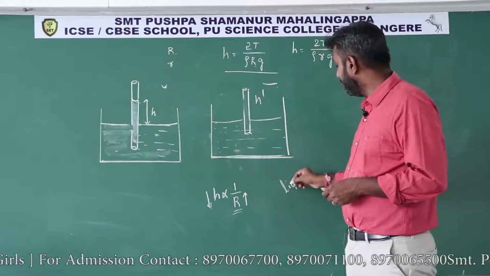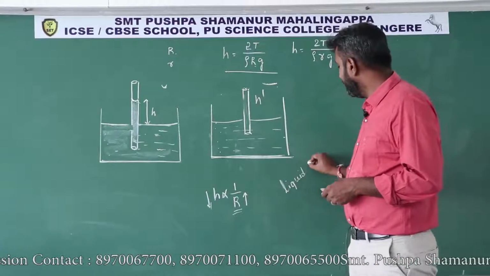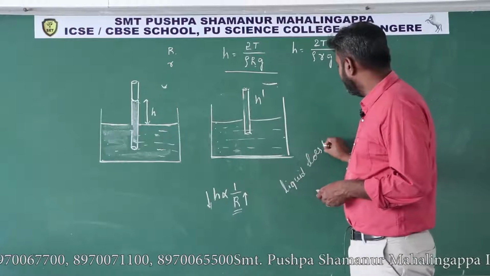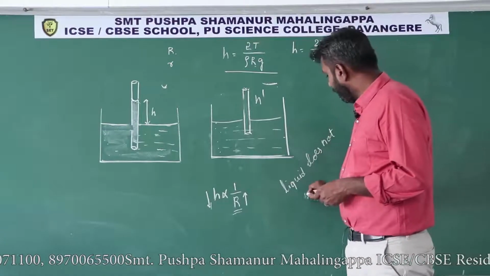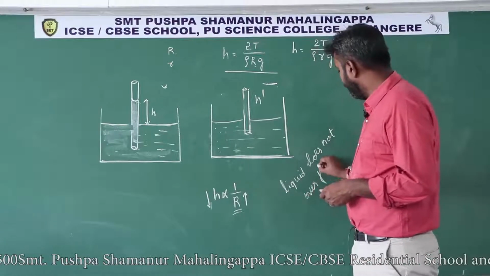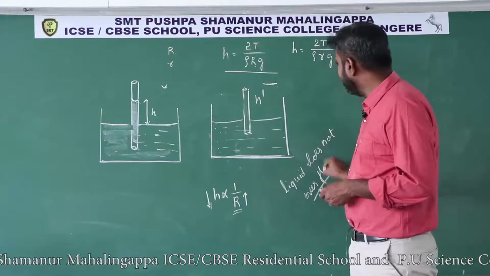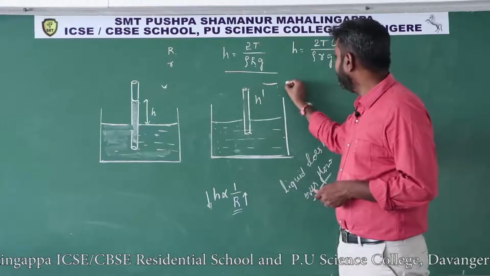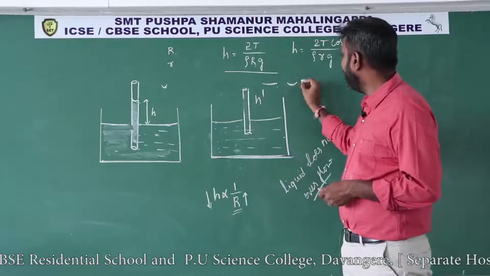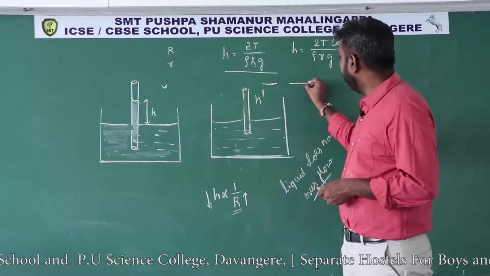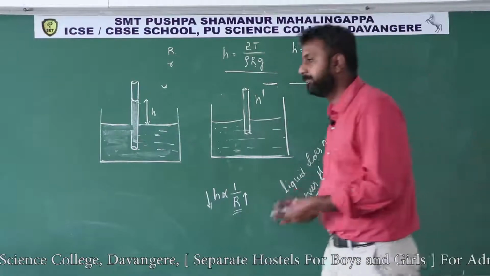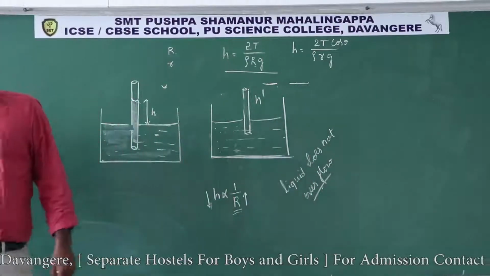So remember this for competitive exams, the liquid does not overflow. If the height is very small, at the top surface it will not have a curved surface, it will have a plane surface.